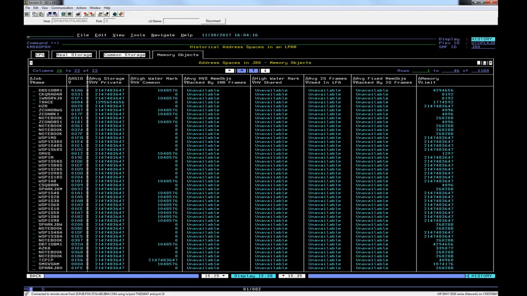It just so happens that the level of RMF maintenance on this system is back-leveled, which is surprising, but it actually is. And so at the address space level, these metrics are not being returned by RMF. But if the support was there from RMF at the right maintenance level, we would see these 4 metrics here that would not be showing up as unavailable.